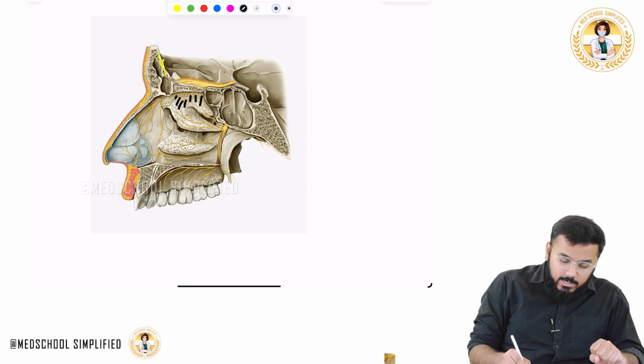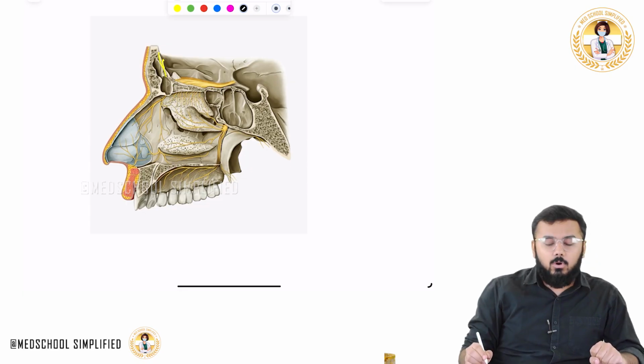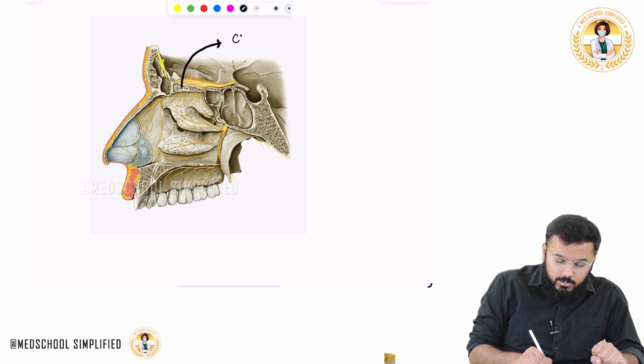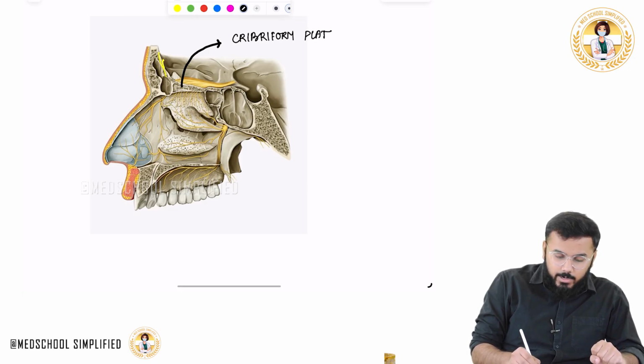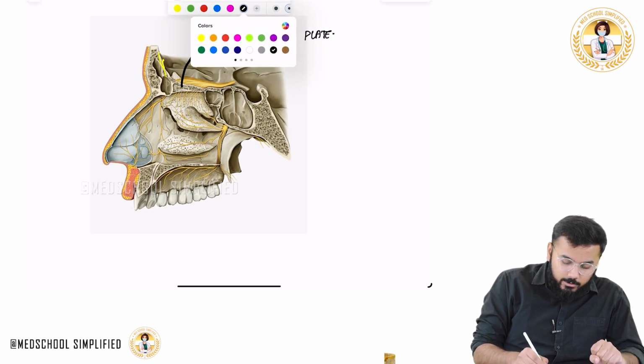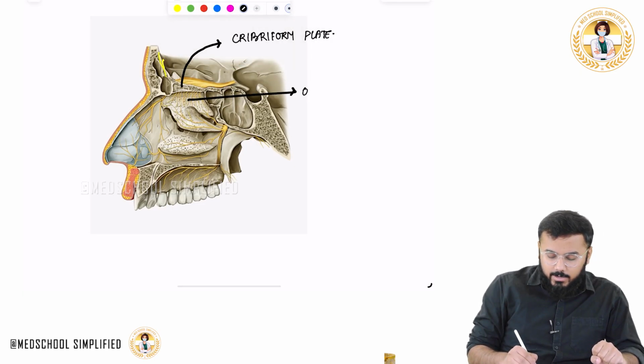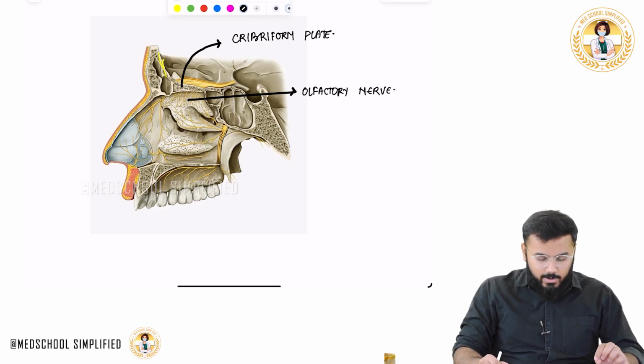These branches are nothing but your olfactory nerves, coming out through the cribriform plate.